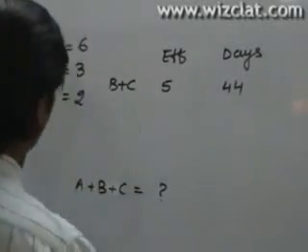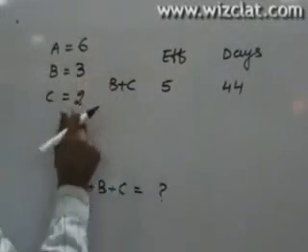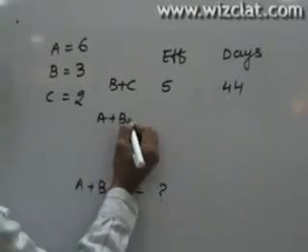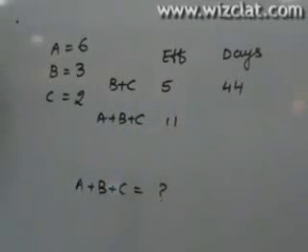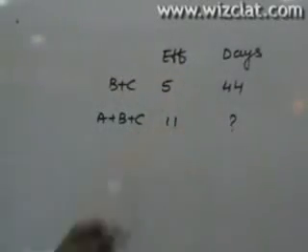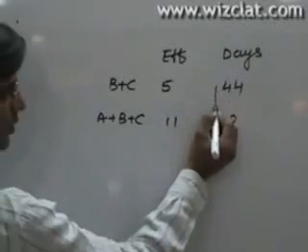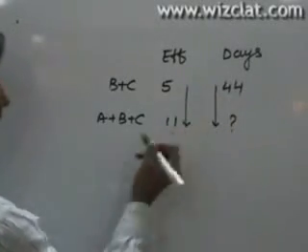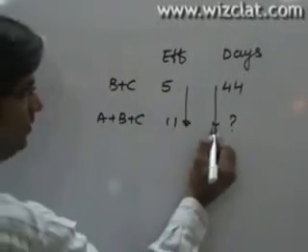We will say the combined efficiency of A, B and C is nothing but 11 and the number of days required is unknown. So I have converted everything, rather than the person's name, into the terms of efficiency. Now this is a known variable, this is an unknown variable. The arrows are going in this direction.